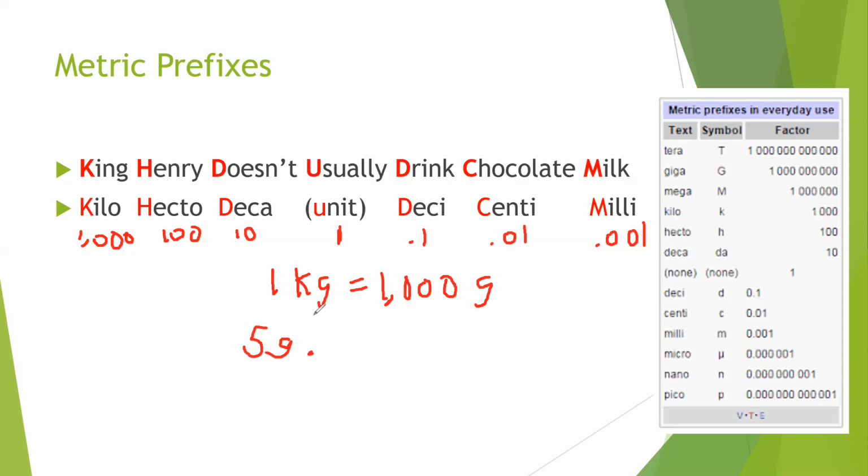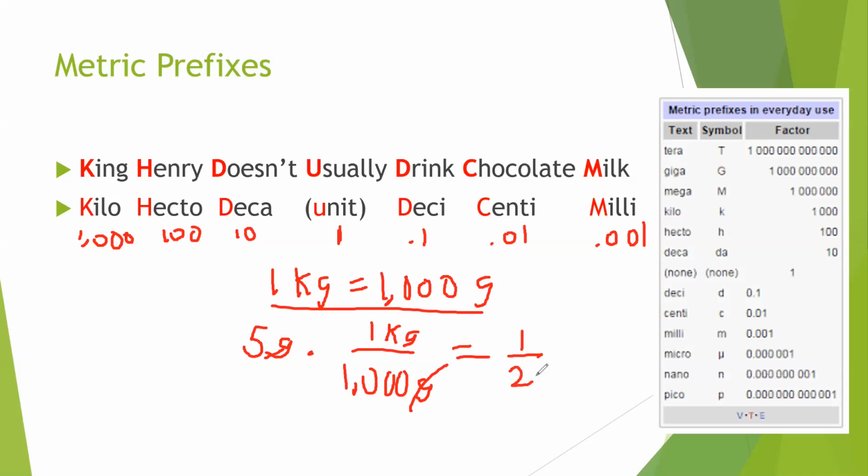So one way to do it is use this conversion factor, and you can put 1,000 grams and 1 kilogram. And you could cancel out these units. We're multiplying by 1 kilogram over 1,000 grams because it equals 1, since we know it's true. So we get 1 over 200 kilograms. So that's basically how we're going to solve all of these problems.